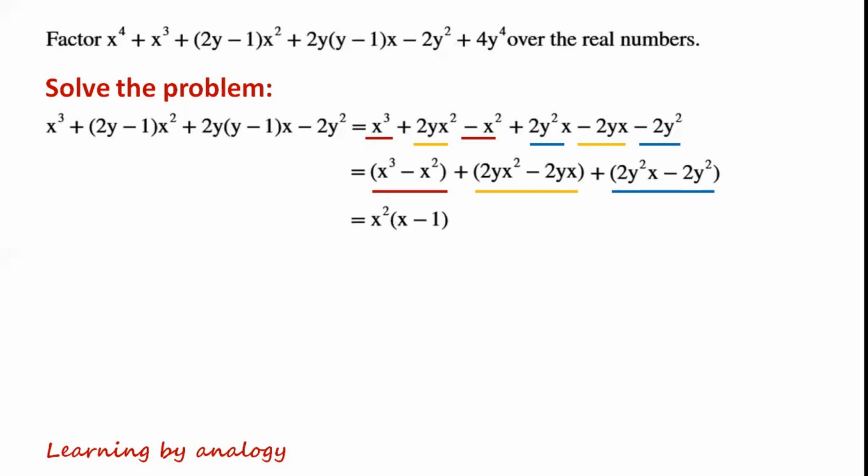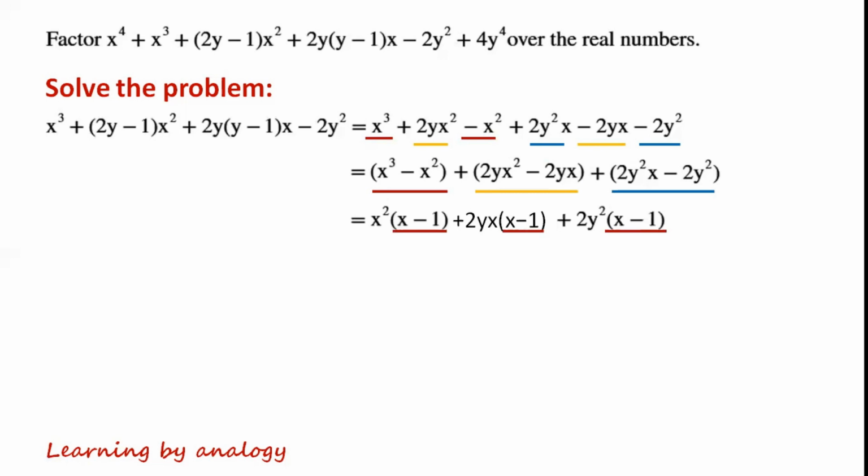Now we can factorize the terms that are in the same group. So we can now write x squared times (x minus 1). Similarly, we can write 2yx times (x minus 1) and 2y squared times (x minus 1).